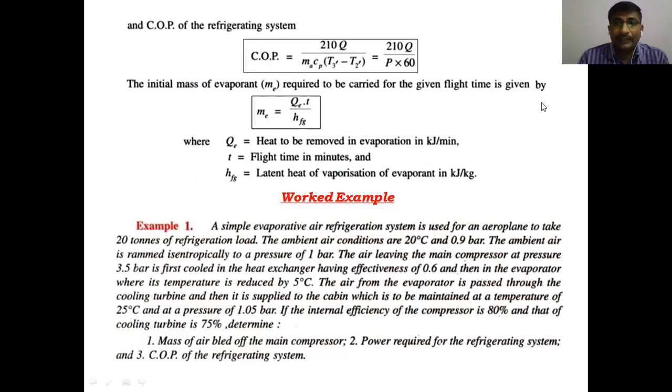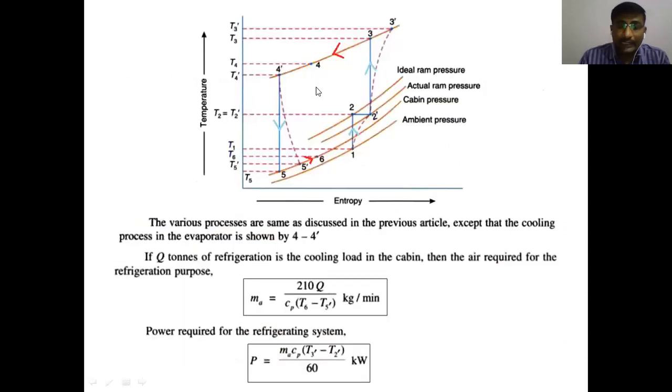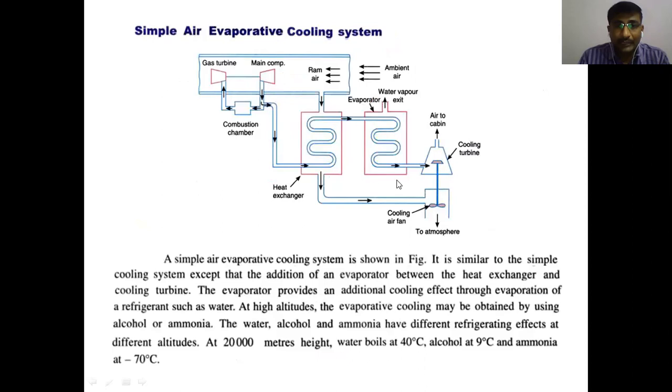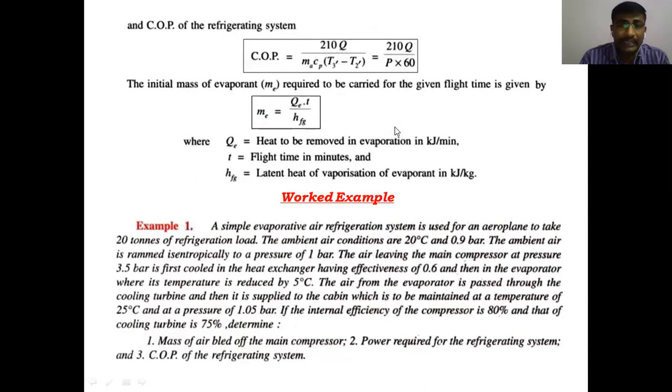Now the simple air evaporative cooling system. The initial mass of evaporant, denoted by ME: how much mass of evaporative liquid is provided in the evaporative cooling. The ME required for the given flight time depends on the amount of heat absorbed.